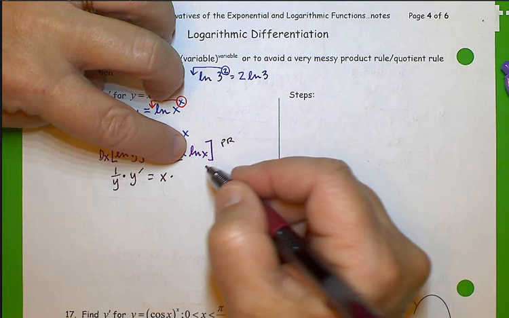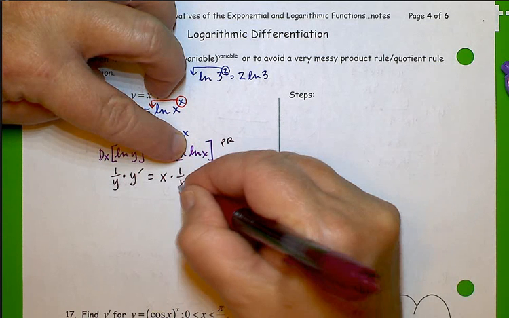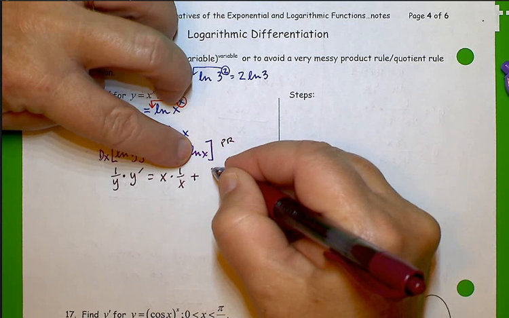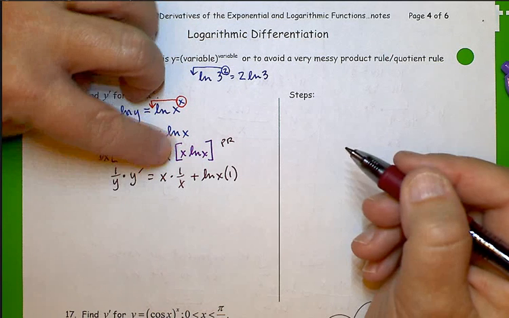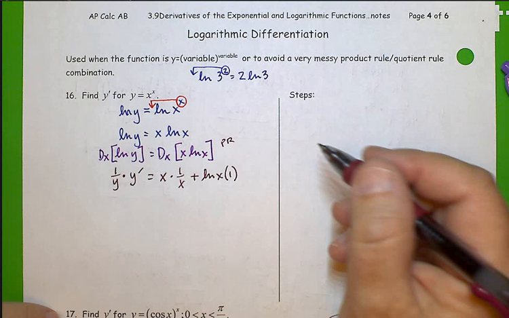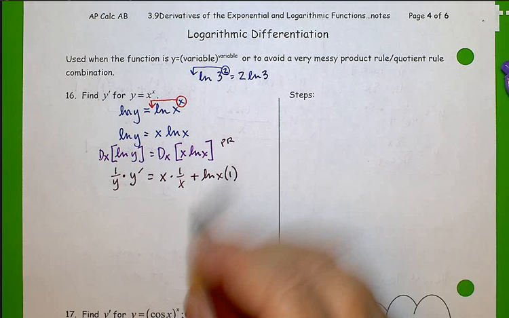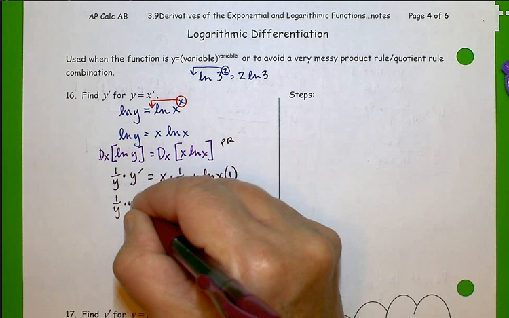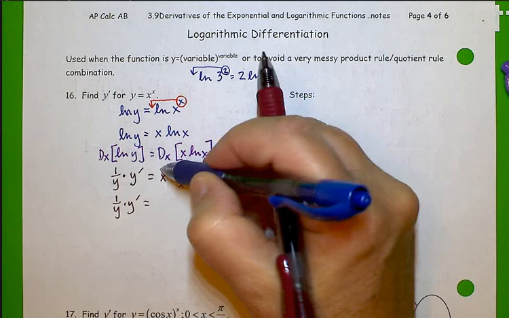Derivative of natural log of x is 1 over x, plus second term, natural log of x, times the derivative of the first, which is just 1. Okay, let's clean this up. I got 1 over y times y prime, nothing to do on the left yet. The right-hand side, that becomes 1, so we just have 1 plus natural log of x.